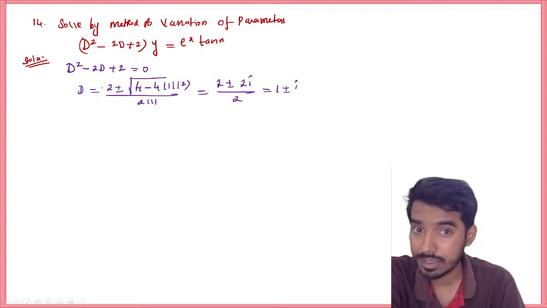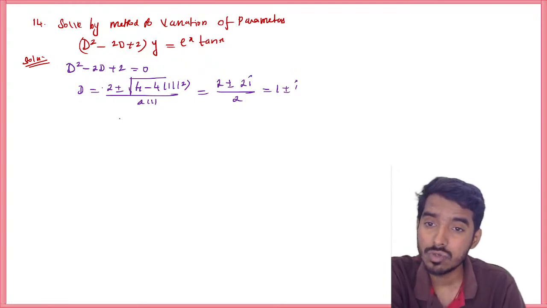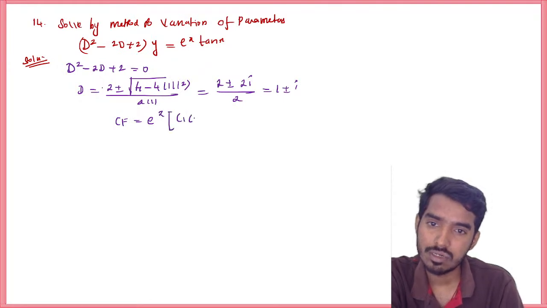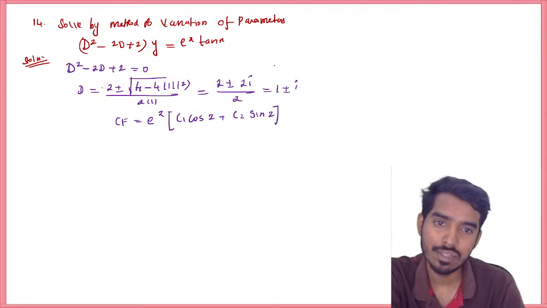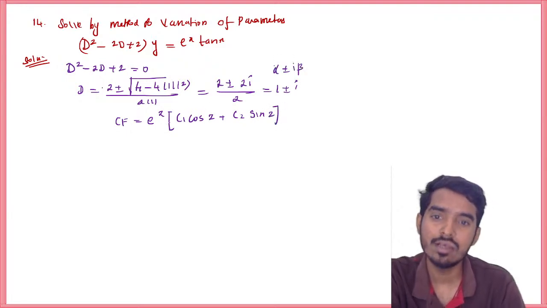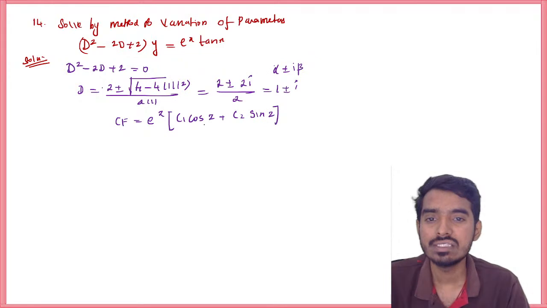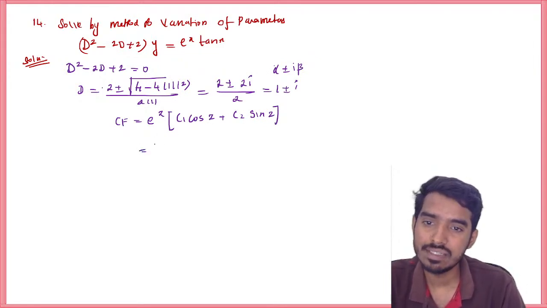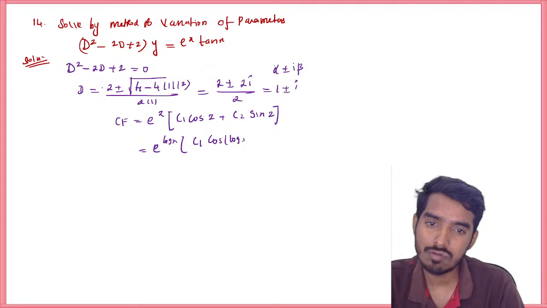Our characteristic solution is e^z (c1 cos z + c2 sin z), from alpha plus or minus i beta, e^(alpha z) (cos beta z plus sin beta z). You have to replace z by log x.